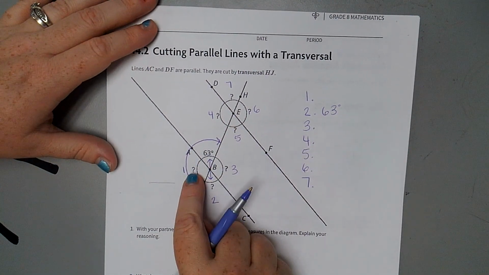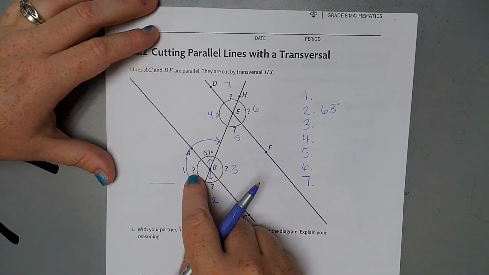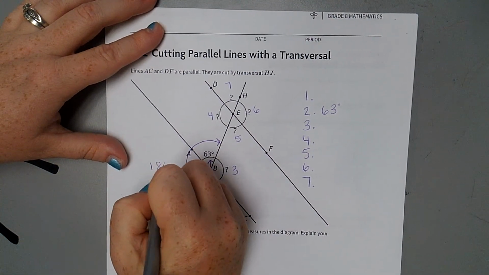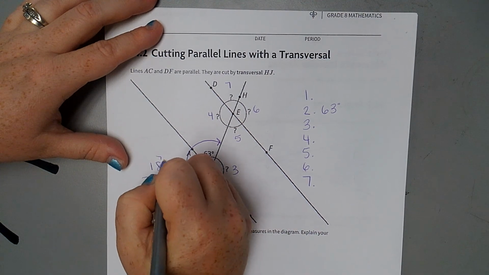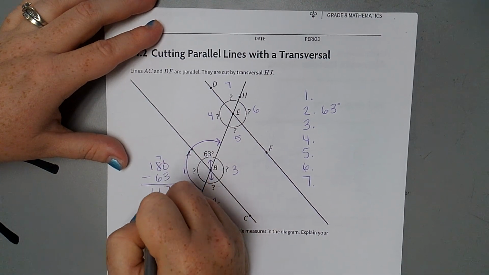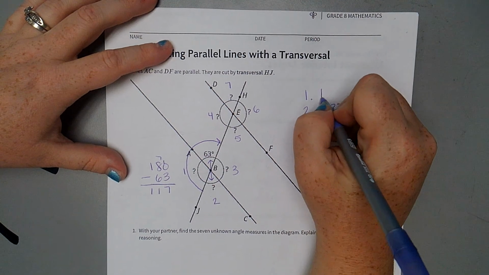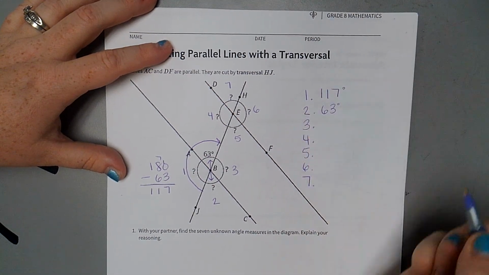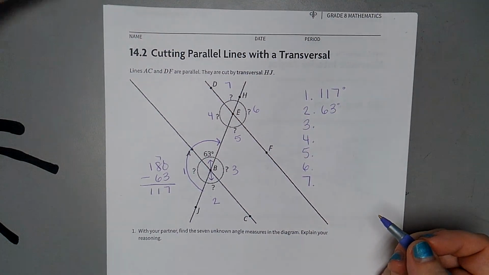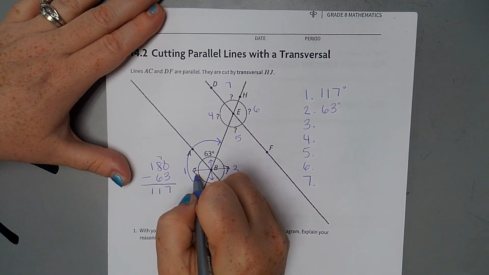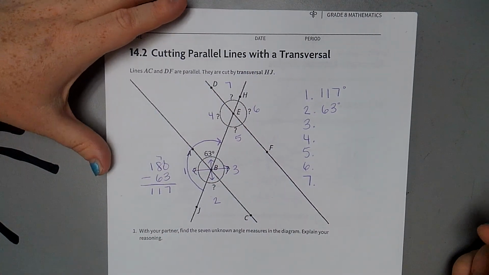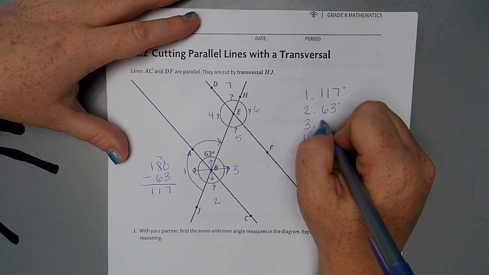So we need to find that difference for our missing angle. We would have 180 minus 63 degrees, which is 117. So angle 1 is 117 degrees. We created vertical angles, so these two are congruent. They are vertical angles with the same measure.